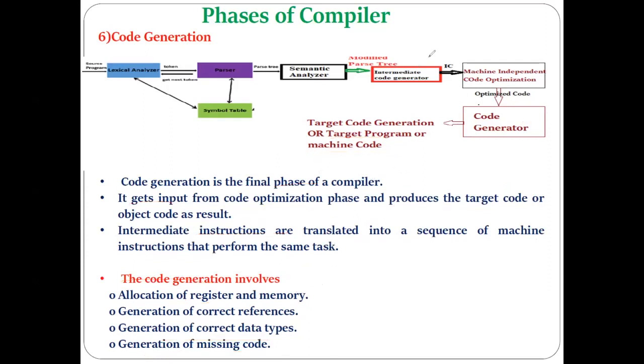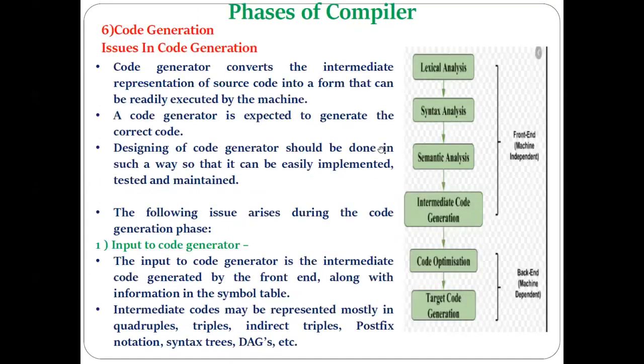Now, the next important question, which is most of the time asked in the exam related to the code generation phase, is the different issues in the code generation. What are the different issues?